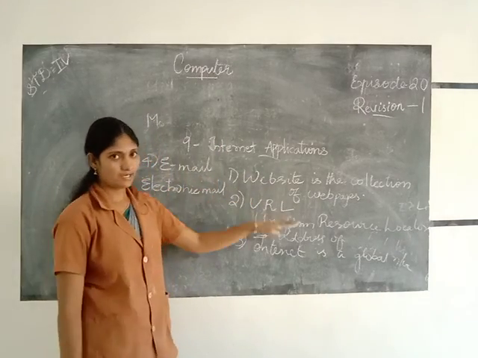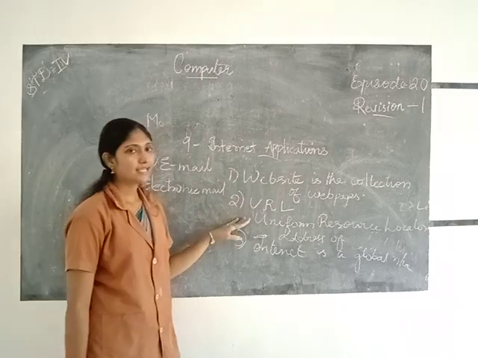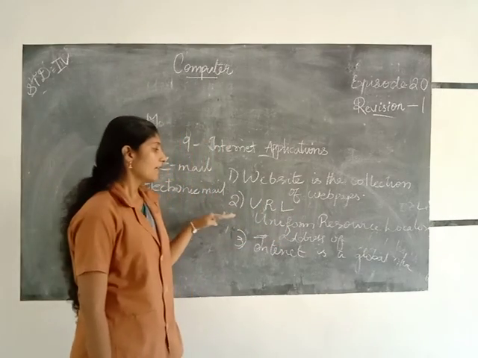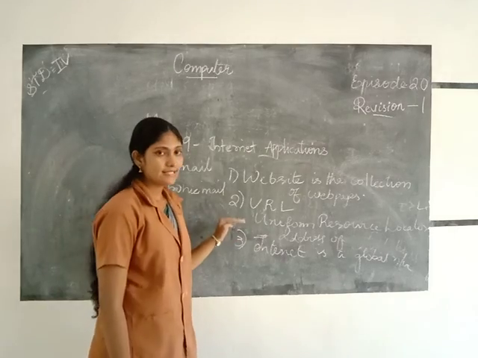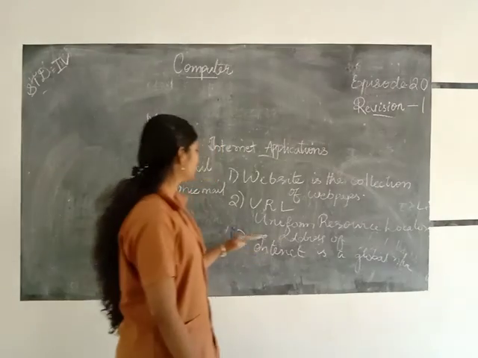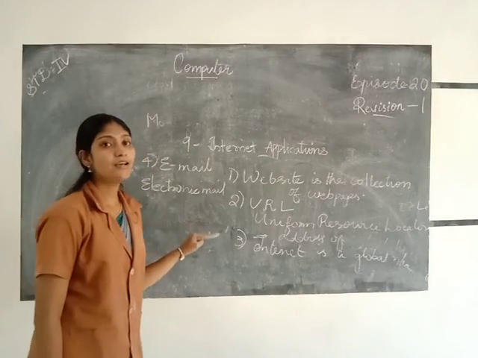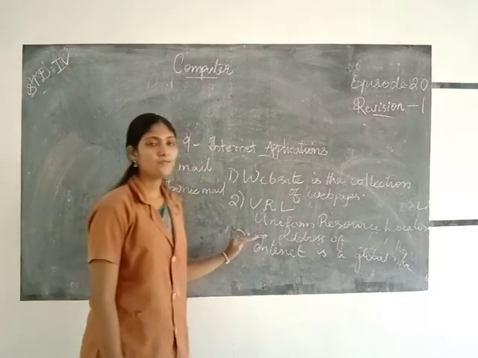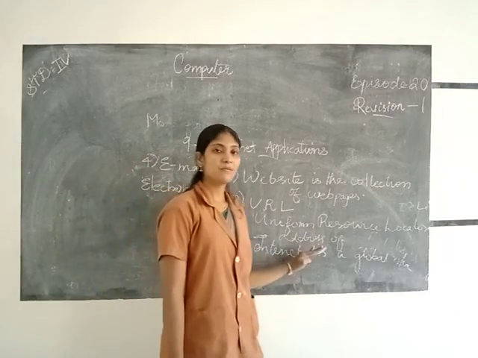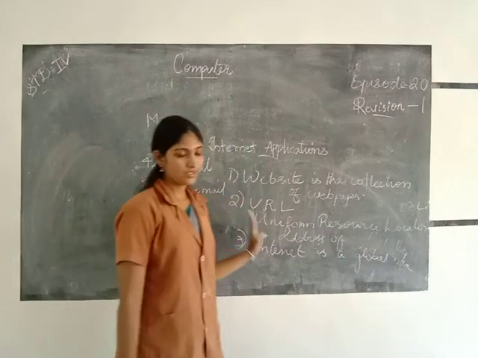Website is the collection of web pages. Second one, URL, Uniform Resource Locator, the address of the internet. Then, third one is the internet is a global network. It is the largest network in the world, connecting millions of people worldwide.